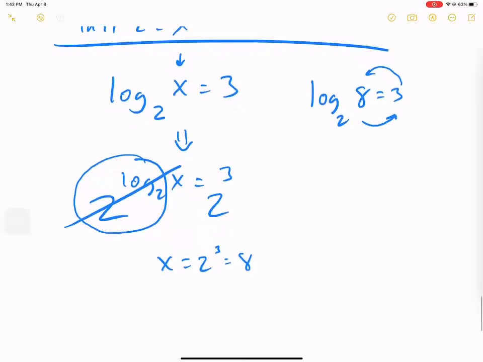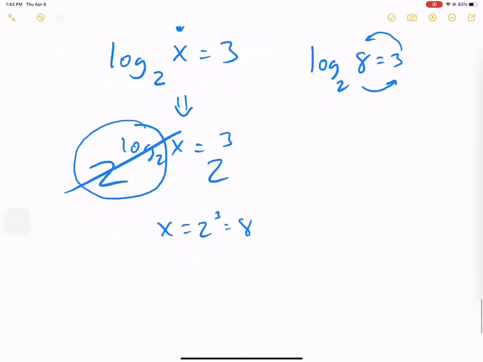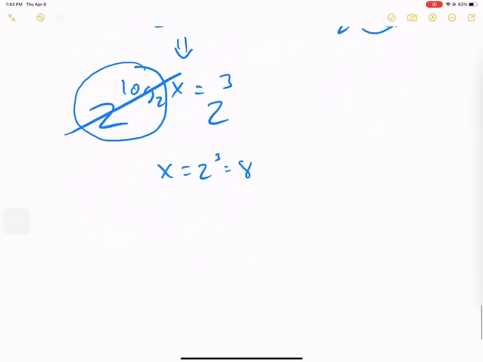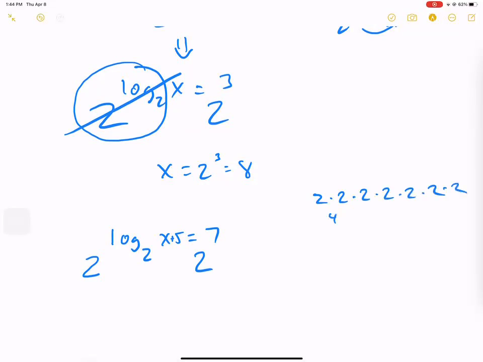Now this might seem a little off, but let me go ahead and give you an example, because logs can seem quite difficult till you understand the basic ideas of how to deal with them. Log base 2 of x plus 5 is equal to 7. Okay, how would I solve for this? This seems like it's going to be a huge number, right? And it will be, because 2 to the 7th power is huge: 2 times 2 times 2 times 2 times 2 times 2 times 2, 4, 8, 16, 32, 64, 128.